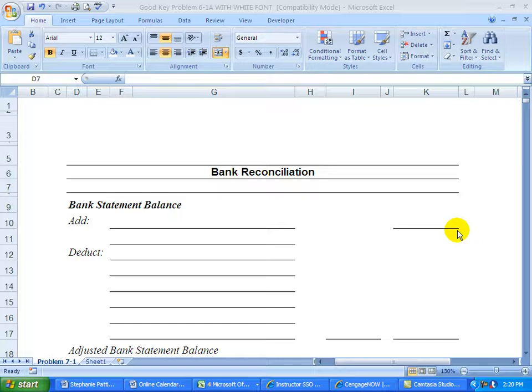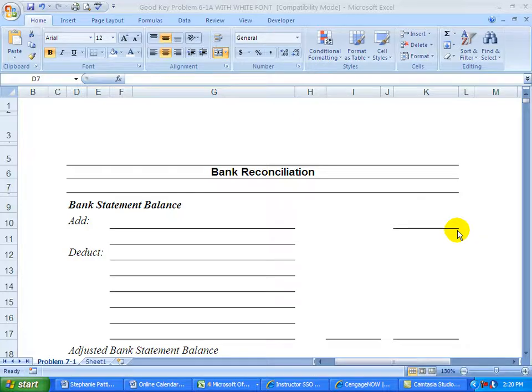Most of the things that affect the bank statement, or what the bank tells us we have, would be checks you have written that the bank doesn't know about yet because they haven't cleared the bank, or a deposit that's in the mail that you have recorded but they don't know yet.